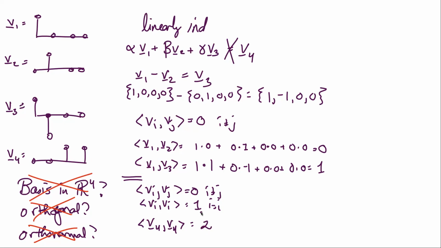So that is not 1, and so these are not normalized vectors either. So this is a not great set of vectors to choose, but that's okay because among the collections of 4 vectors there are plenty that are linearly independent, are orthogonal, and even some of them are orthonormal. And I encourage you to find some of them. That's it.